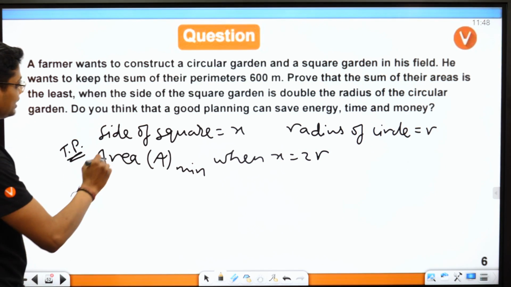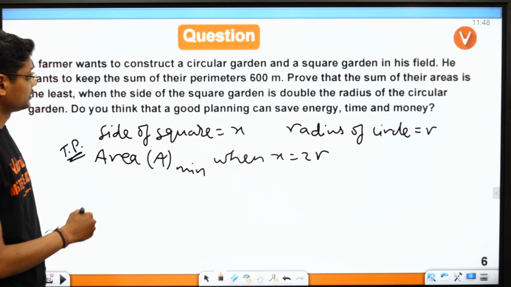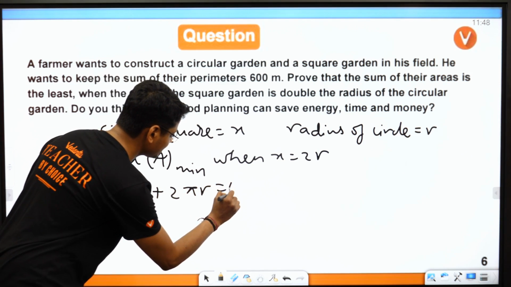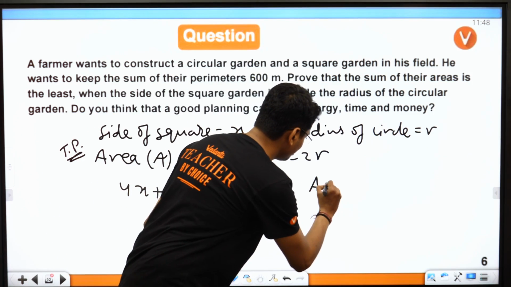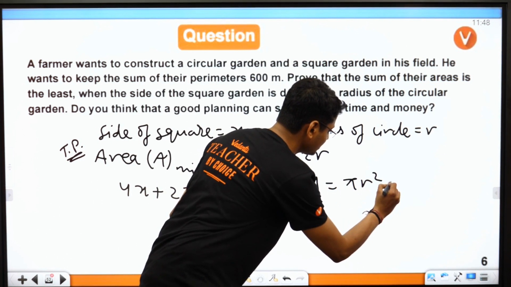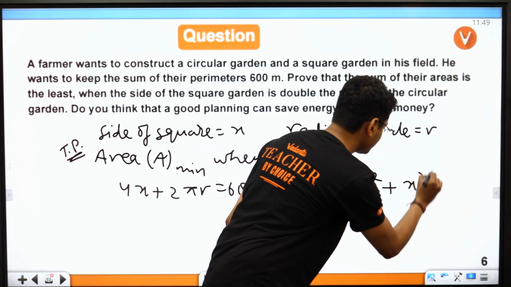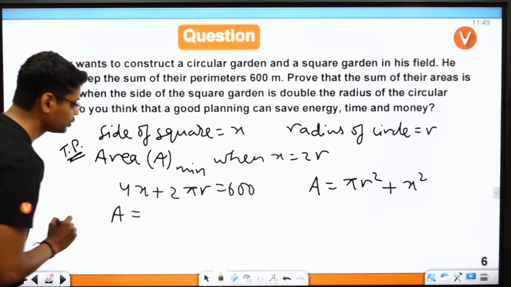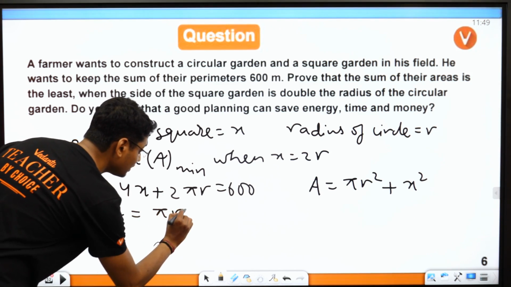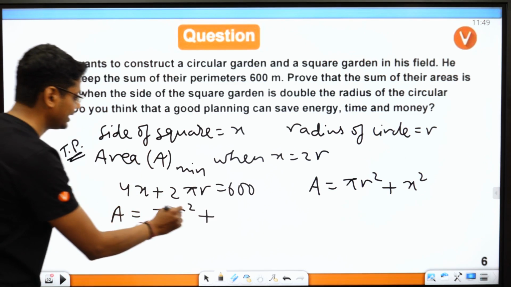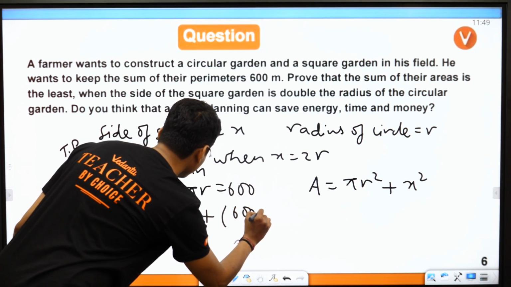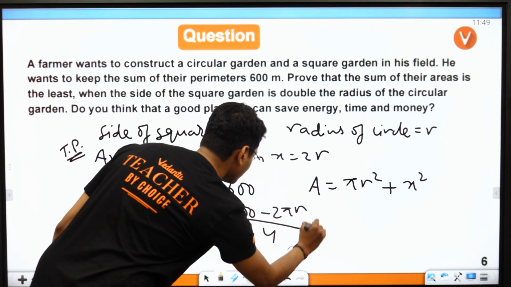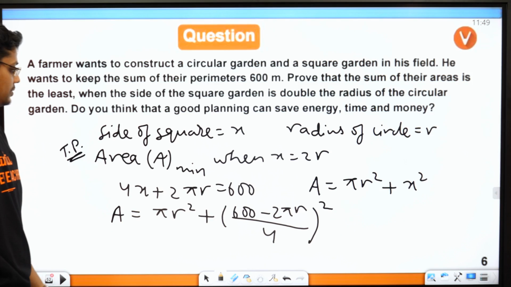All right, and I have been given the perimeters, that means 4x plus 2 pi r equal to 600, and my area would be pi r square plus x square. I can write as pi r square plus 600 minus 2 pi r by 4 whole square.